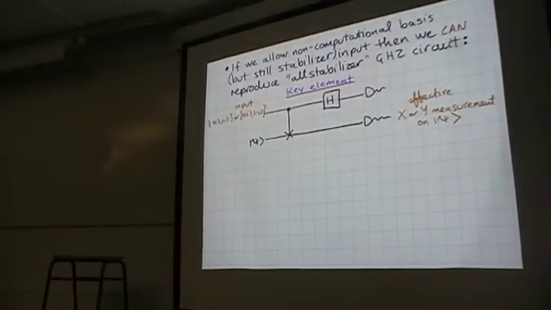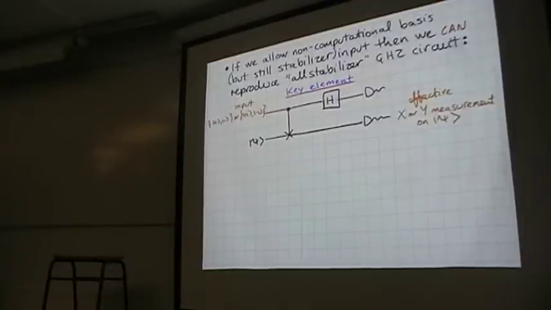Because in this simple circuit, by choosing whether to input the plus or minus here, or the eigenstates of sigma y, plus i or minus i, you can choose whether or not you get an effective x or y basis measurement on this qubit. So you could build that into a GHZ circuit, and you would get GHZ non-locality, and all your inputs would be stabilizer states, and all your gates would be stabilizer gates.